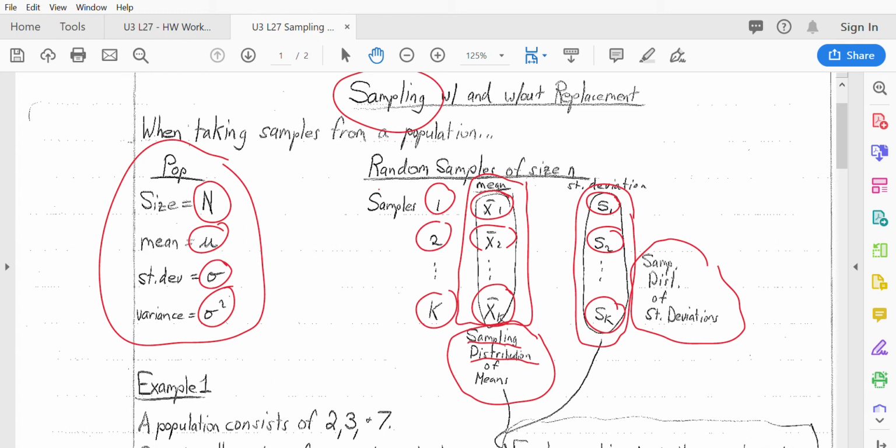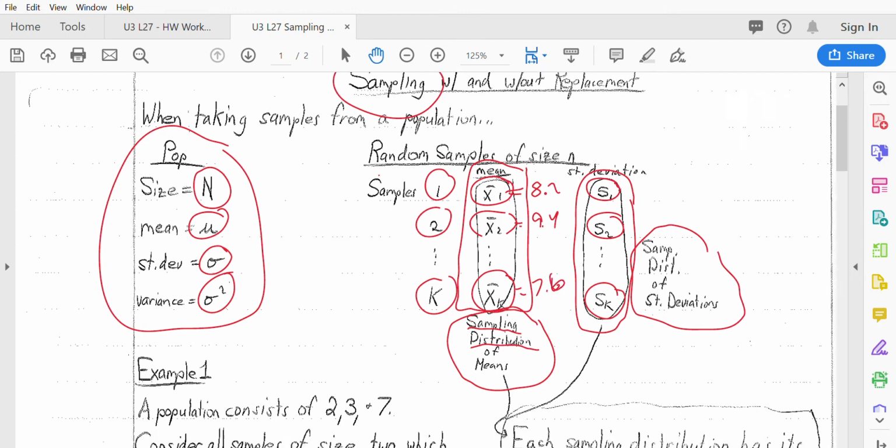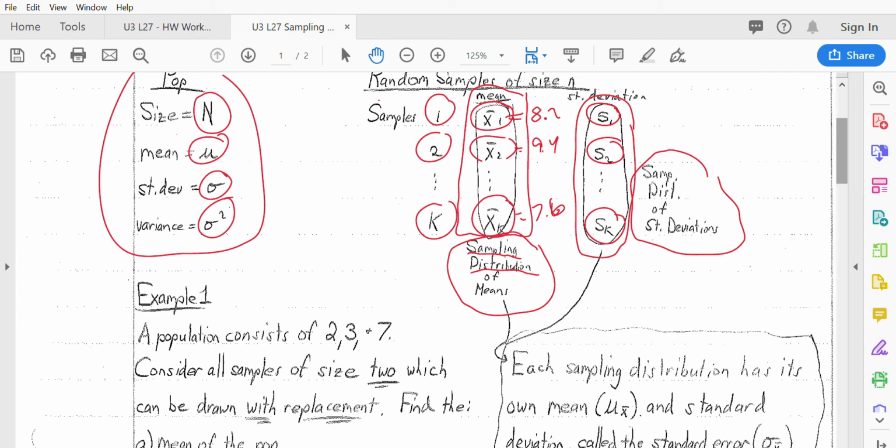Okay, if we go further down the rabbit hole, let's just think about this for a second. Each of these sample means is a number. I'm making this up completely, but let's just say x bar sub 1 is 8.2, x bar sub 2 is 9.4. Let's just say x bar sub k is 7.6. I can theoretically take these numbers right here and take the mean of those means.